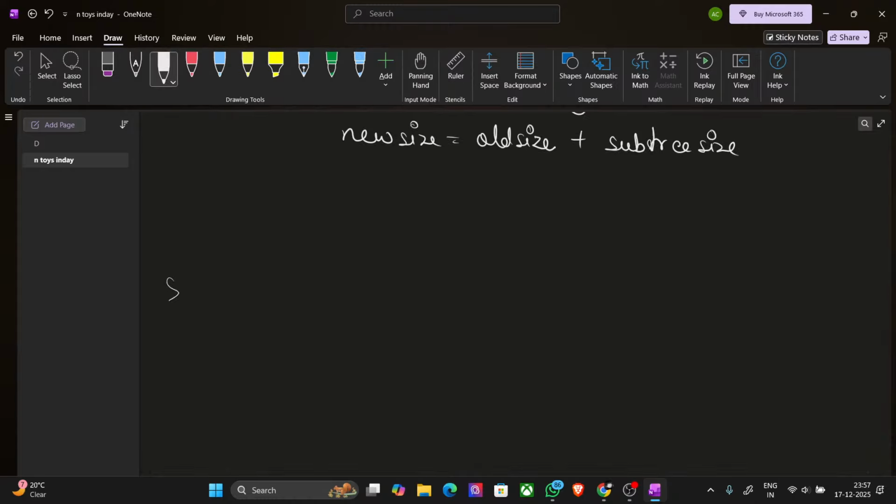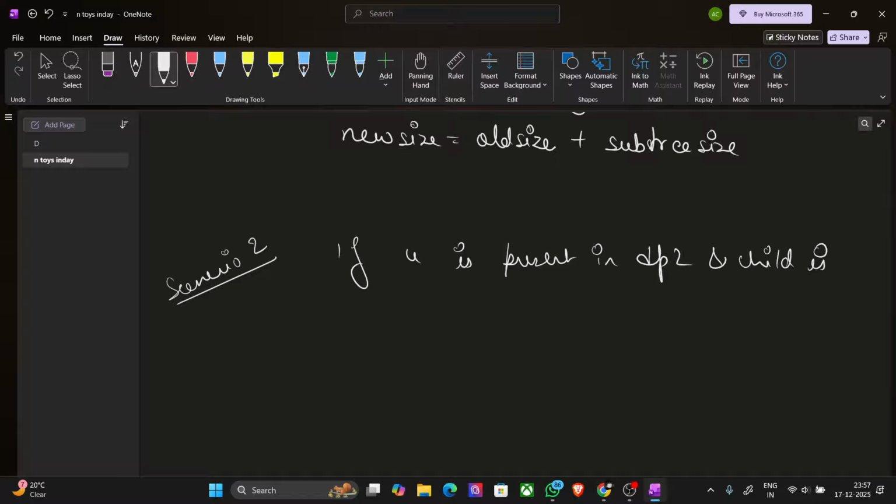Now scenario 2: U is present in DP2 and a single child is also present.